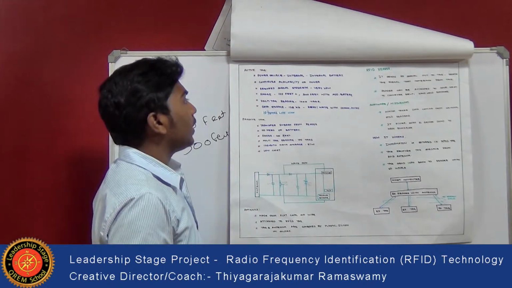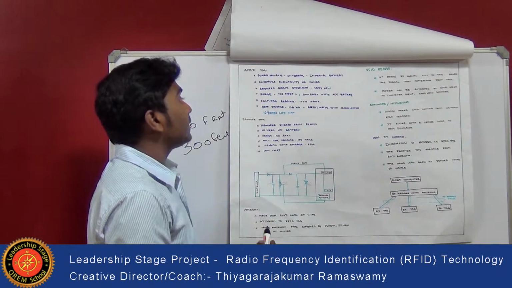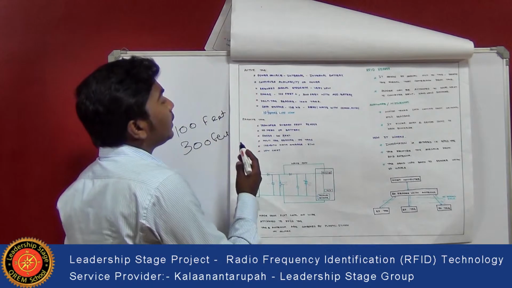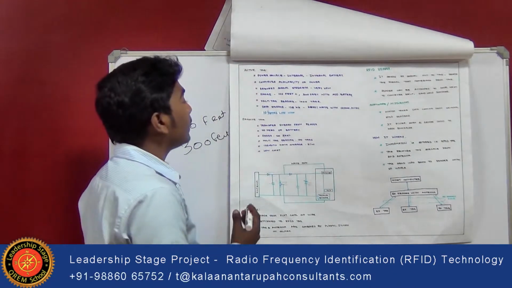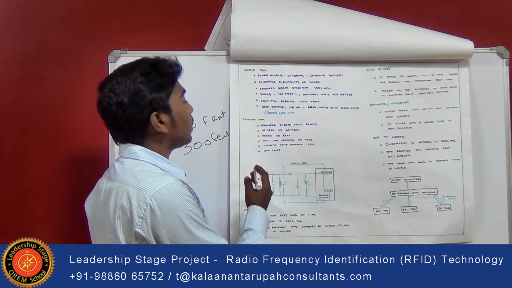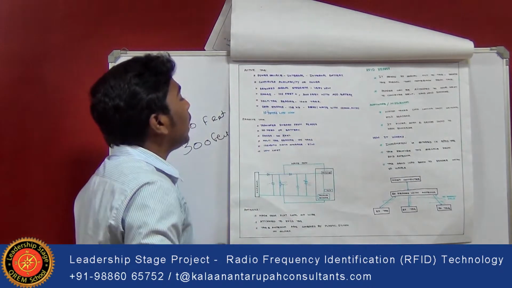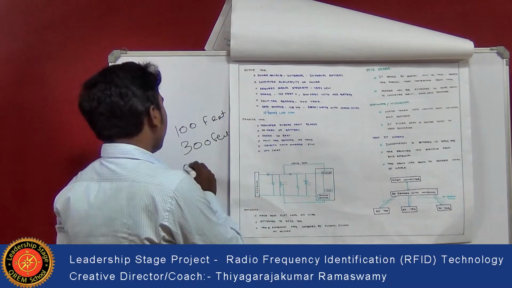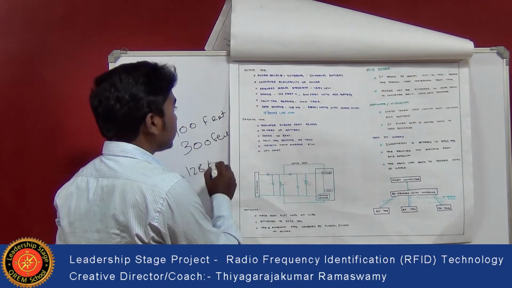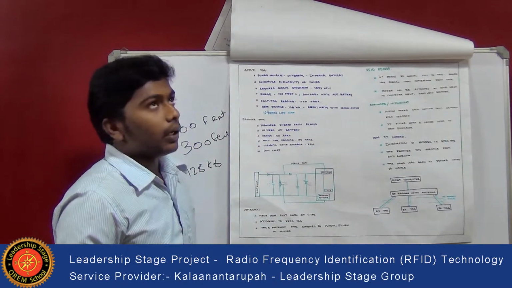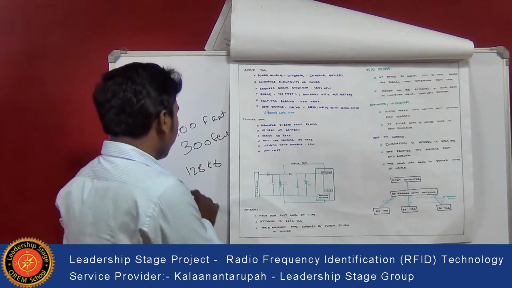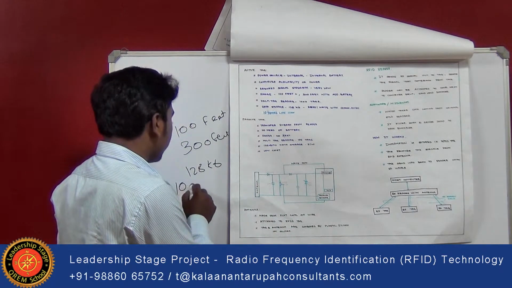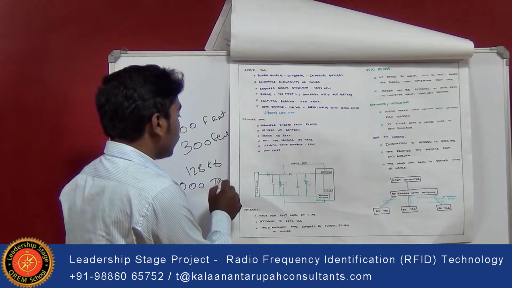Since it uses internal batteries, power is continuously available. Its lifetime is about 10 years, and it can store about 128 KB of data. With a multiple reader, tags can be read in the range of 1000 tags at a time.